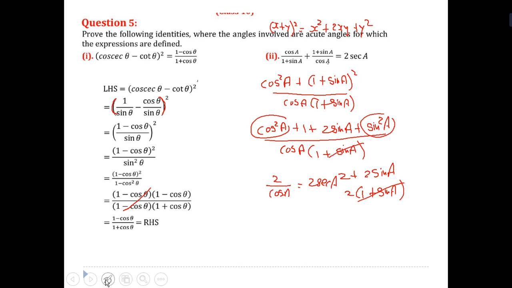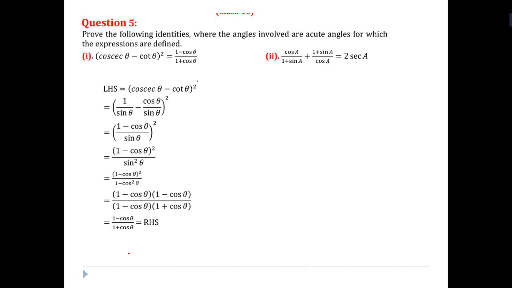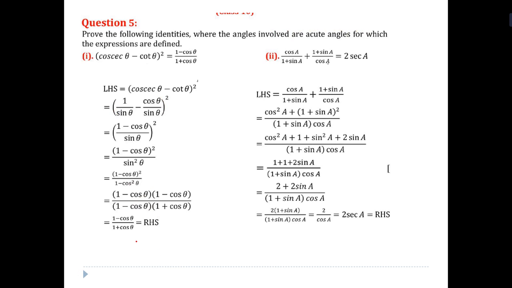Now let me check that we are correct or not. So the left hand side we have to take first: cos A upon 1 plus sin A plus 1 plus sin A upon cos A. Cross multiplication or LCM, we can take the LCM here.